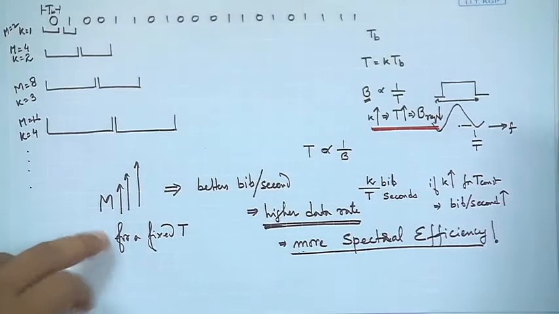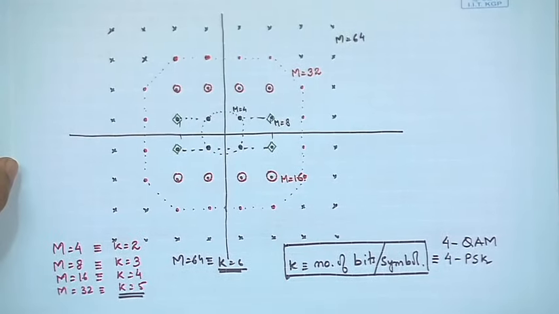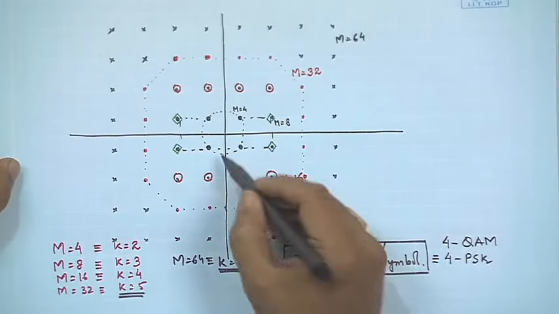Now, clearly, as I increase M, going by this particular picture, my constellation becomes bigger and bigger. So, if the constellation becomes bigger, we need to spend more energy if we have to keep this distance the same.